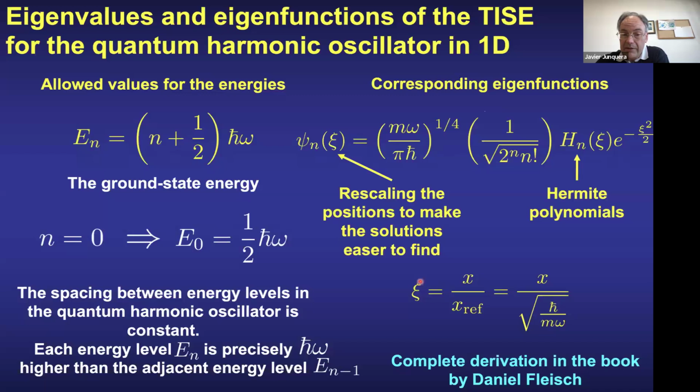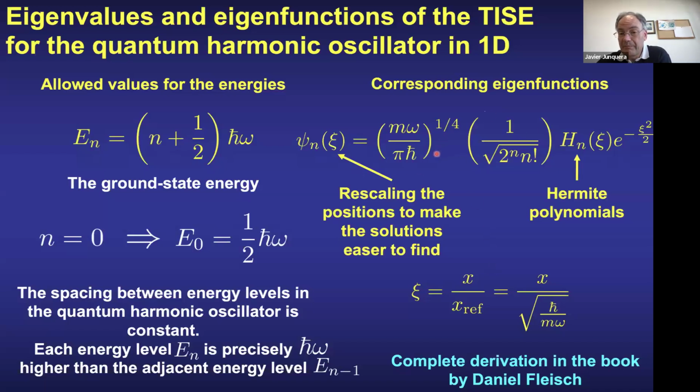So this chi, the independent variable of the eigenfunctions, is nothing else than the position divided by this reference position, which is the square root of h bar divided by m omega. So this is just a way of rescaling the positions to make the problem easier from the mathematical point of view.